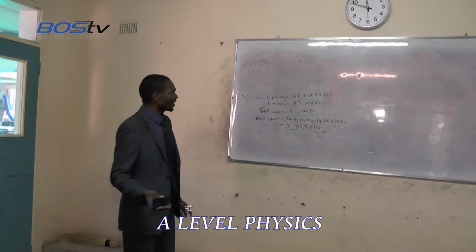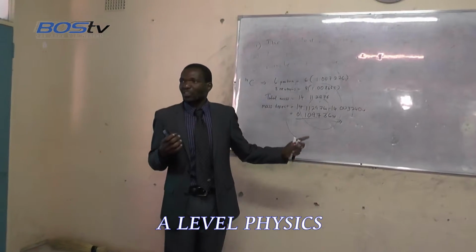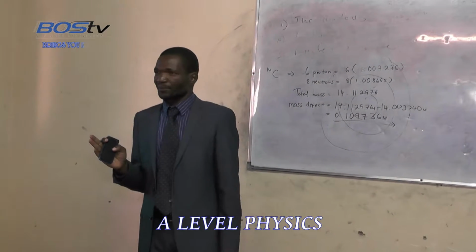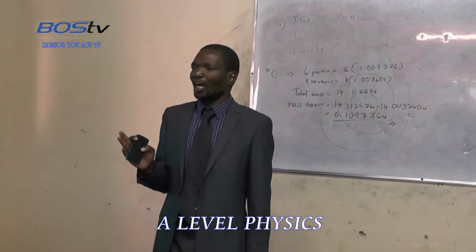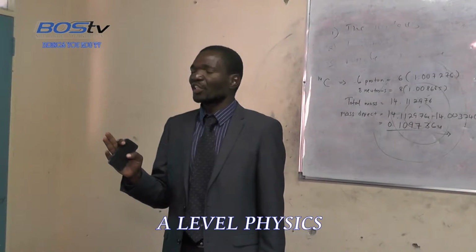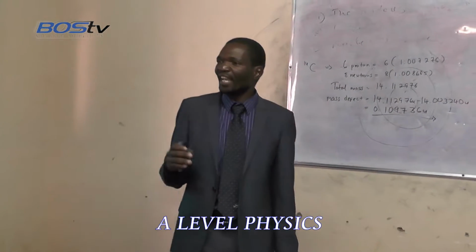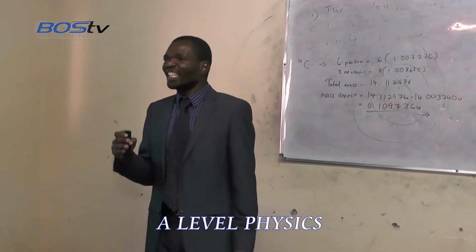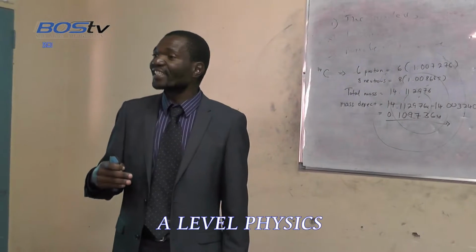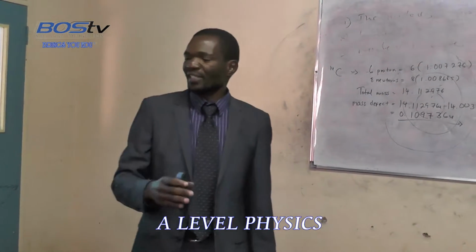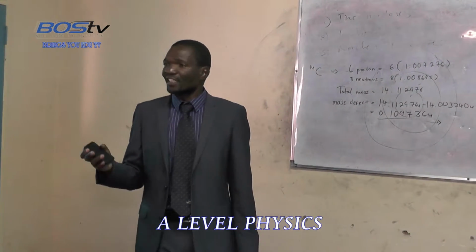Then the other thing I need to remind you, which we looked at when we were doing AS, is that for nuclear processes there's mass energy conservation. Which means we can have an interchange between mass and energy, which means we can convert energy to its equivalent mass or mass to its equivalent energy.